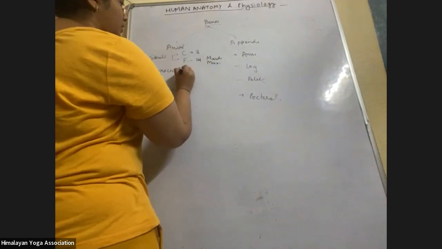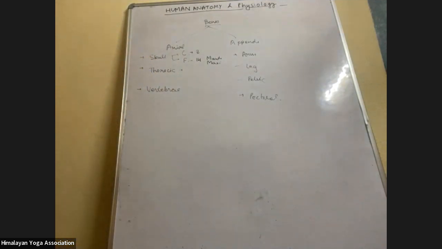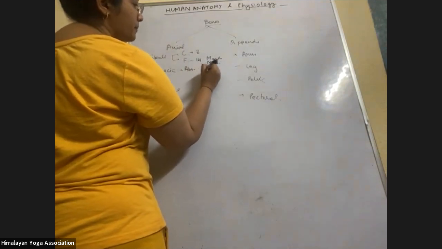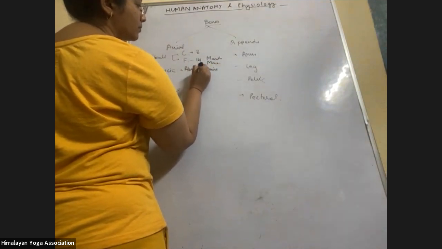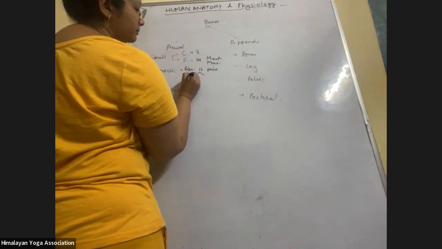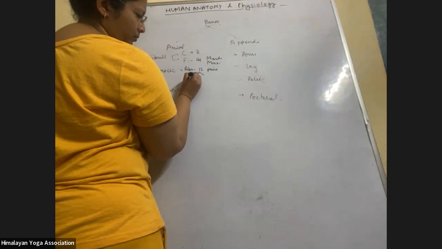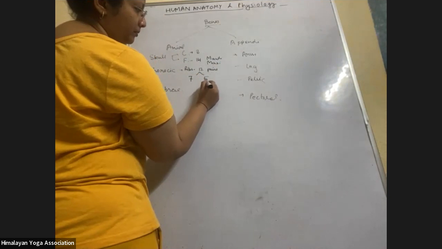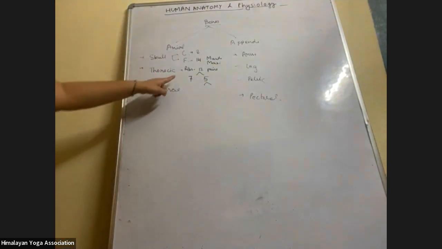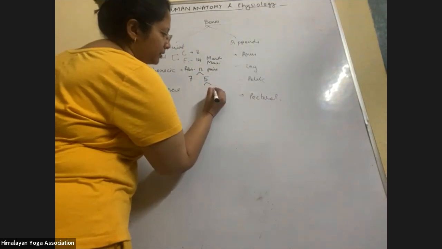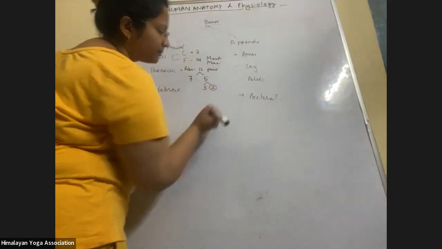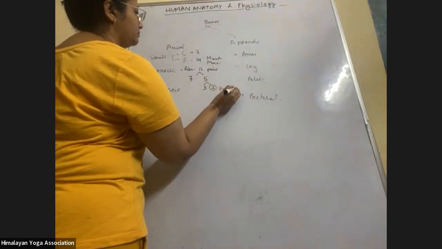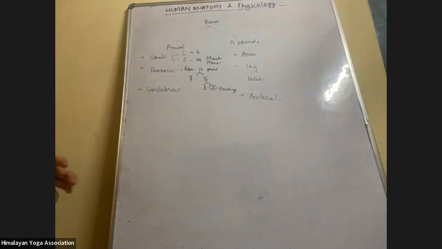Yes. Then in thoracic, what do we have? Ribs. How many pairs? 12. Out of this, true ribs, 7. Out of the remaining 5, 3 and 2 are what? Floating. Yes. Very good. I want everyone to participate.